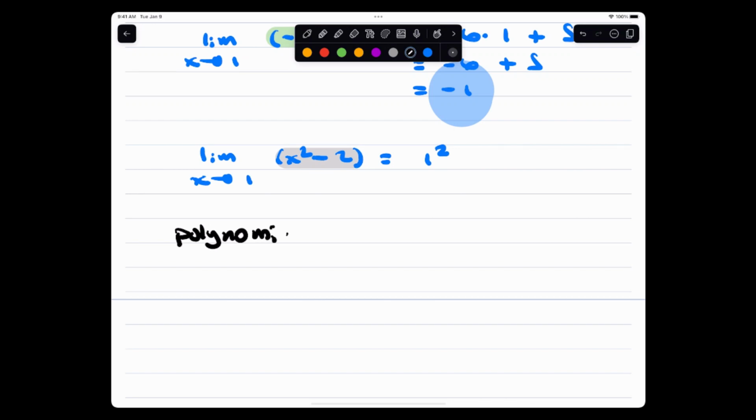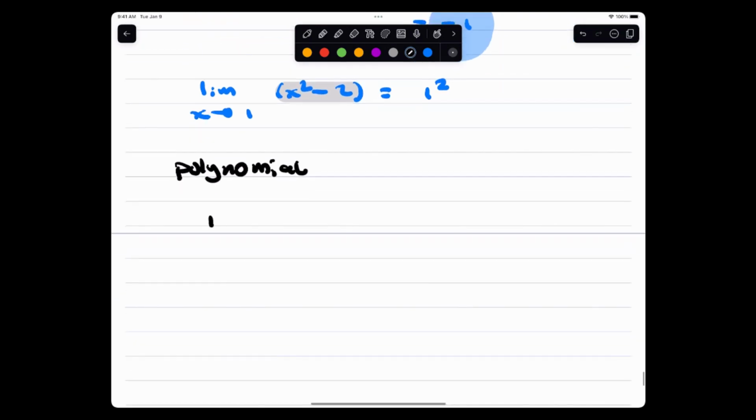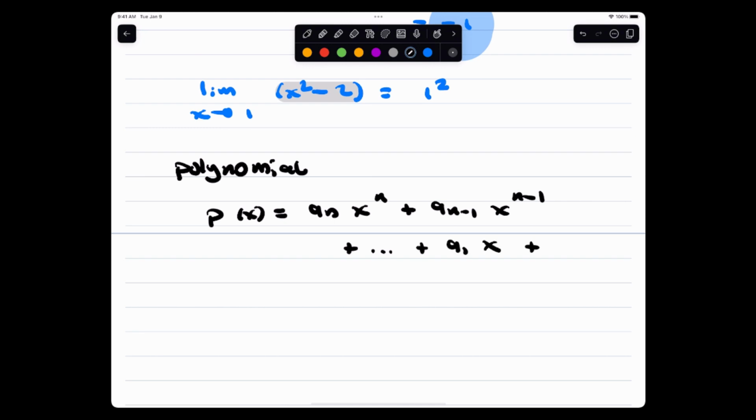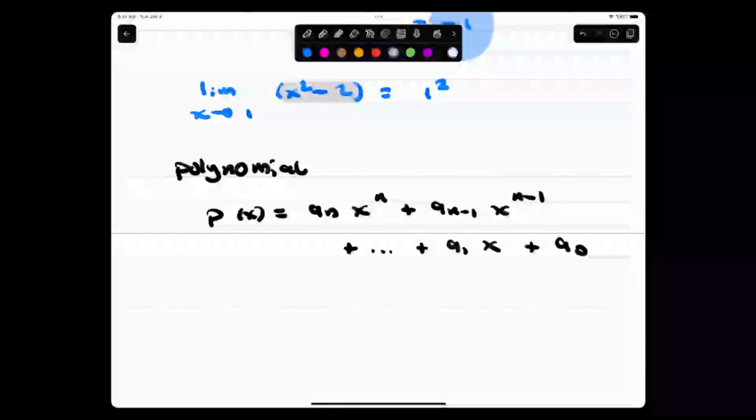P of x is a_n x^n plus a_(n-1) x^(n-1) plus ... plus a_1 x plus a_0. Where are the constants?